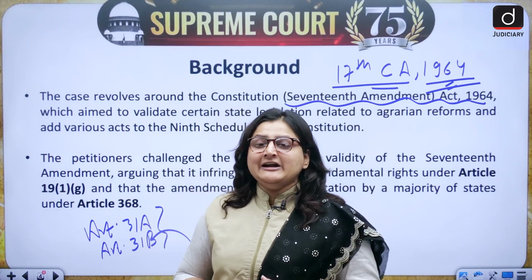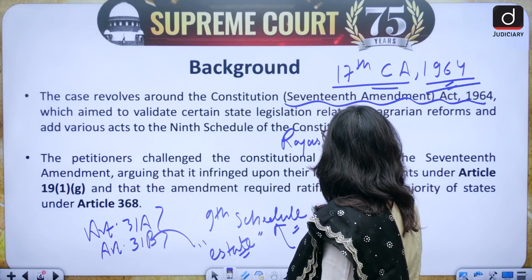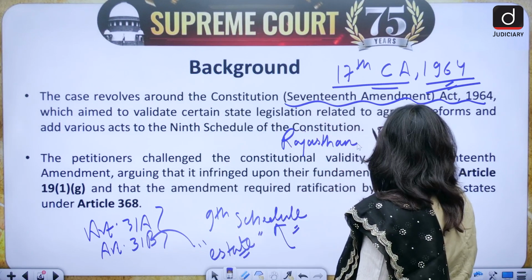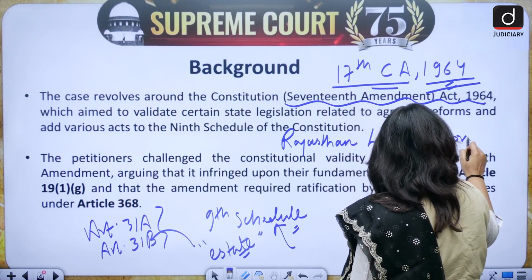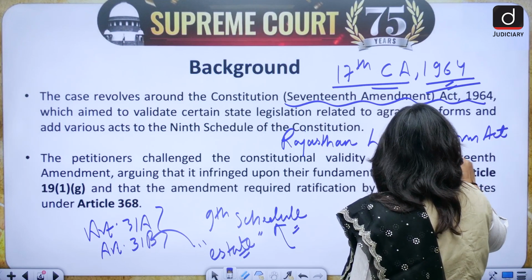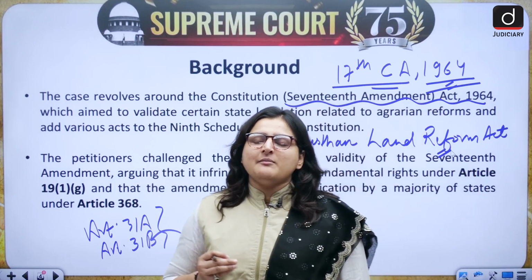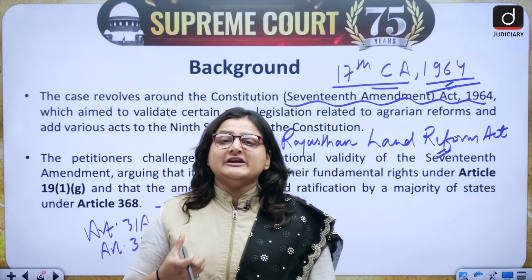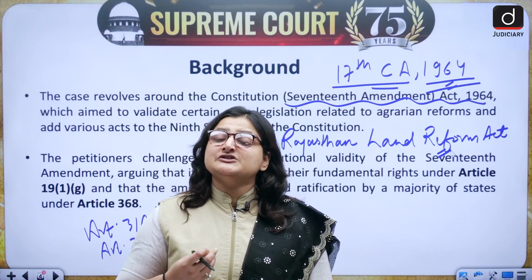So the state of Rajasthan's legislature had enacted various land reform acts. These land reform acts were enacted in order to bring agrarian reform in the society, to bring social and economic justice in the society.